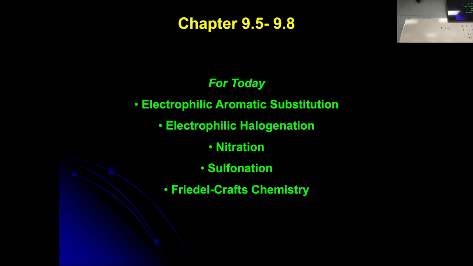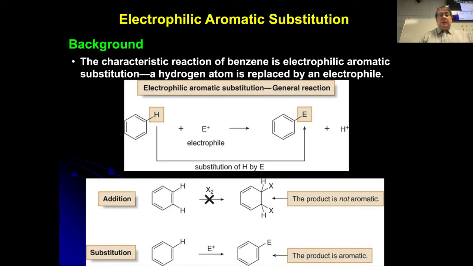This is the kind of chemistry that benzene likes to do. And so today we're going to talk about that. We're going to talk about different types of electrophilic aromatic substitution, and you'll see why this is so important at the end of the day. Is the electrophile always positive? Not necessarily always formally positive, but they behave like they're positive. They want electrons.